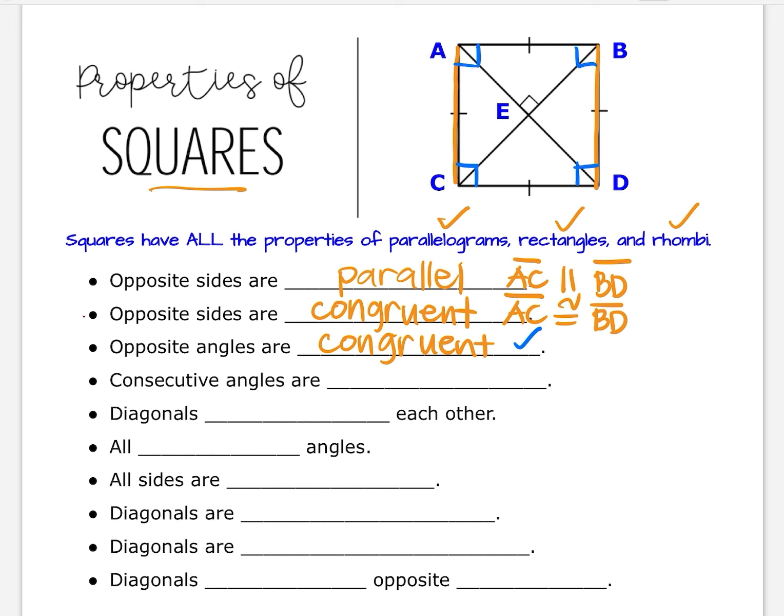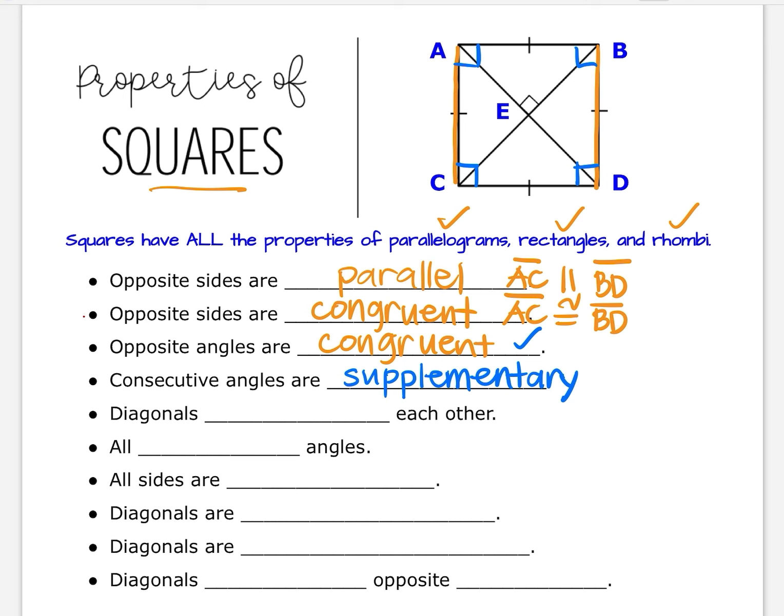The next property is that consecutive angles are supplementary. And supplementary angles simply means that two angles when added together add up to 180. So supplementary angles are angles that share a common side.